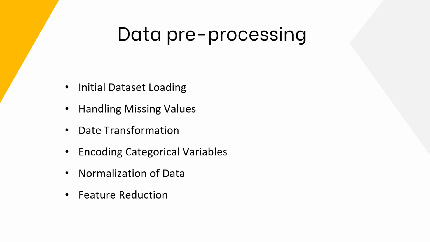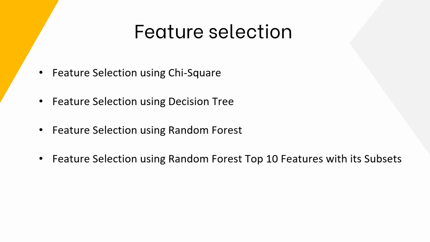Then date transformation, encoding the categorical variables, normalization of data, and feature reduction. Then coming to feature selection, we have tried several methods like chi-square, decision tree, and random forest classifier, so feature selection using random forest for the top 10 features with its subset.